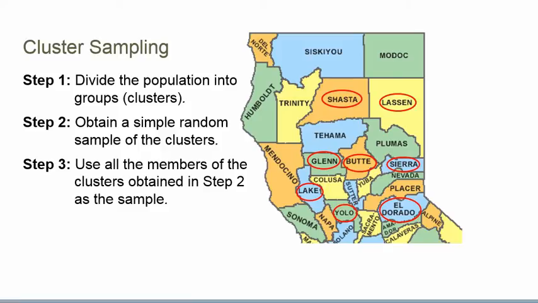Step 3. Use all the members of the clusters obtained in Step 2 as the sample. So we want to talk to the entire population of Shasta County, Lassen County, Glenn County, Butte County, Sierra County, Lake County, Yolo County, and El Dorado County. And then those samples will be representative of the population.